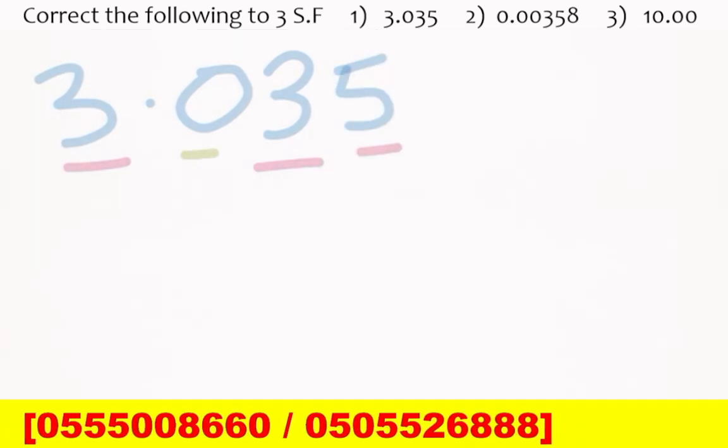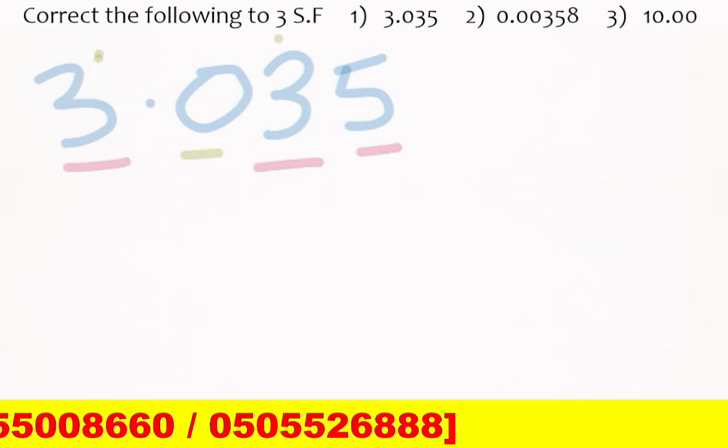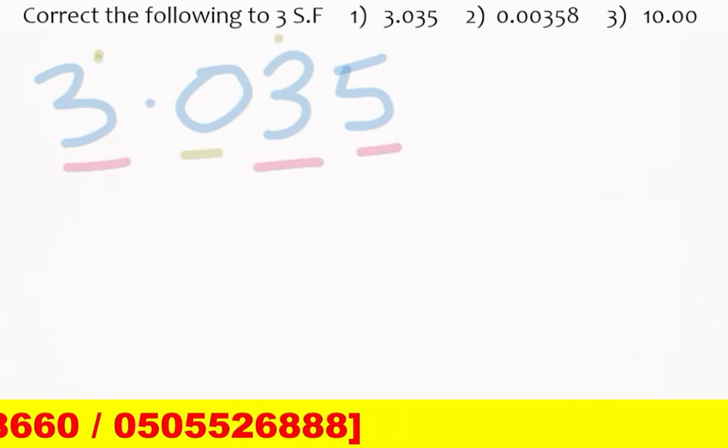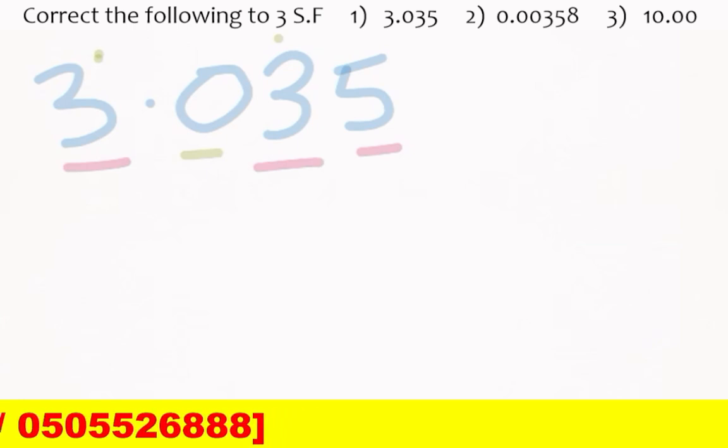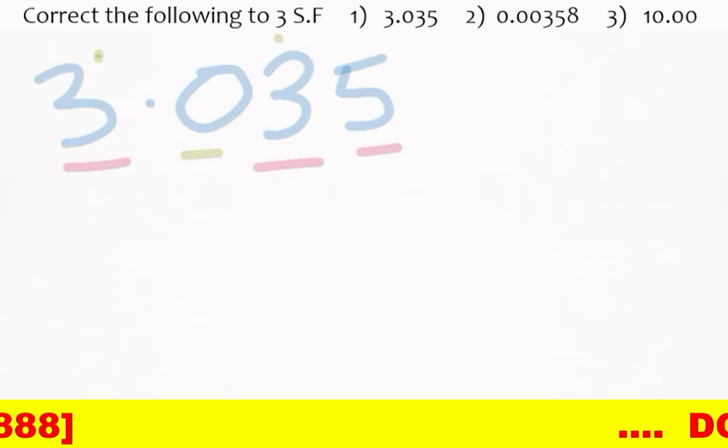This 0 is between this 3 and this 3. Don't look at the point for now. Let's look at the numbers. So once the 0 is between this 3 and this 3, the 0 is also becoming a significant figure.